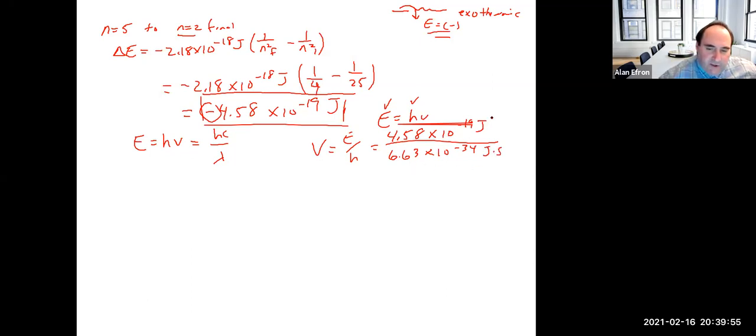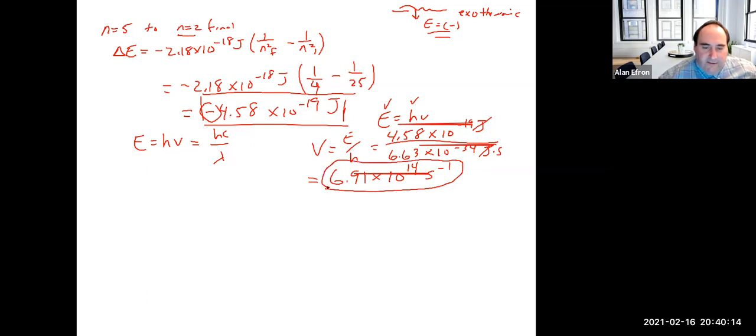In this case, the joules will cancel each other out, and that's going to leave us reciprocal seconds, and we will end up with 6.91 times 10 to the 14 reciprocal seconds here as our answer.